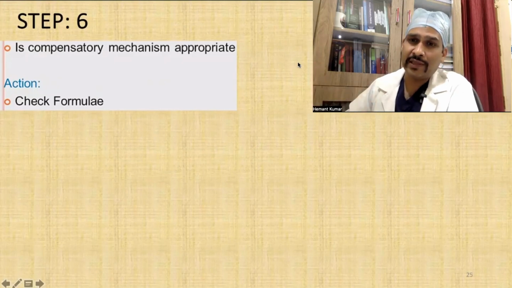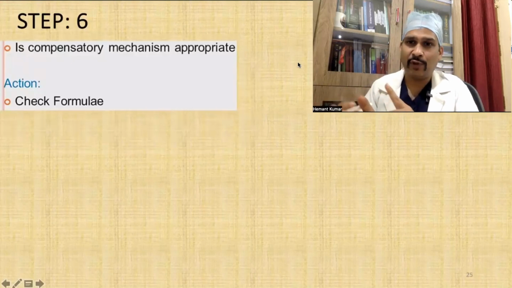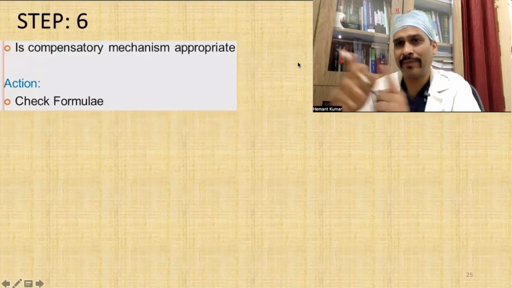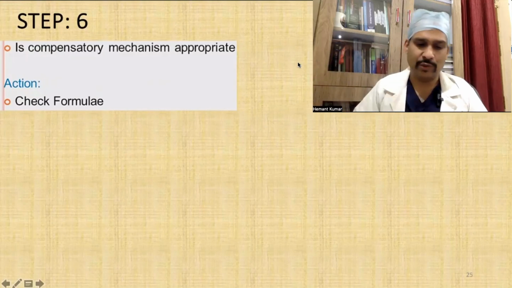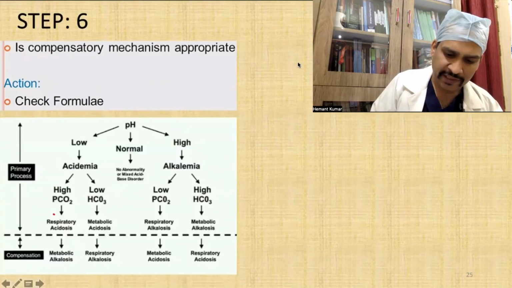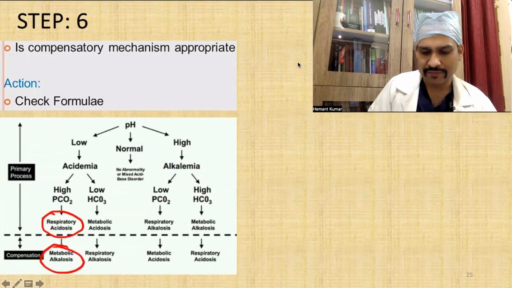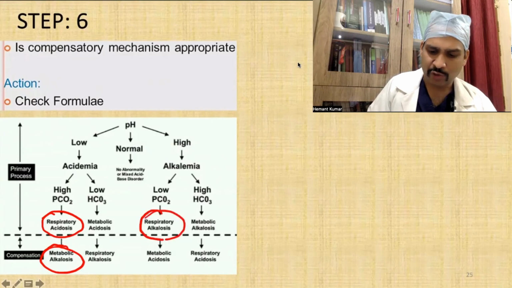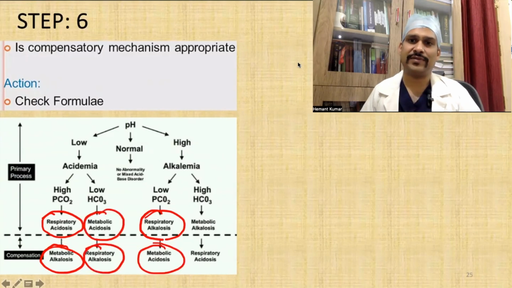If there is a problem in the kidney, meaning metabolic, it will be compensated by the respiratory system. Opposite: a problem in PCO2 will be compensated by bicarb, and a problem in bicarb will be compensated by PCO2. So respiratory acidosis will be compensated by metabolic alkalosis. Respiratory alkalosis will be compensated by metabolic acidosis. Metabolic acidosis will be compensated by the opposite, respiratory alkalosis.